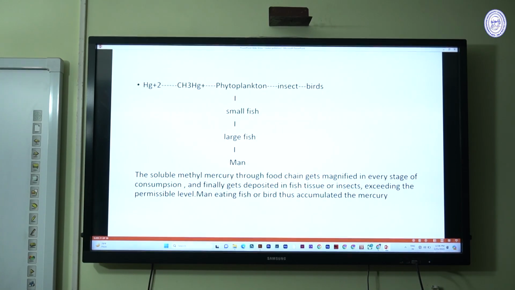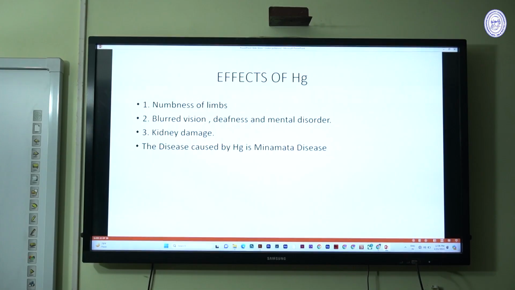If man takes both birds and large fish, the total methyl mercury enters the body of man and it is magnified at every stage of consumption and deposited in the tissue of fish and insects and exceeds the permissible level. So it is dangerous to consume this type of food.